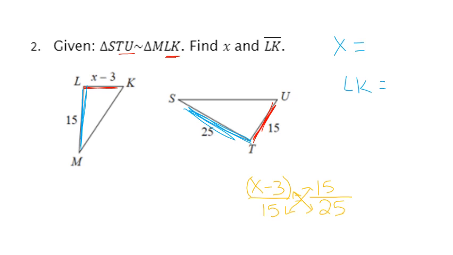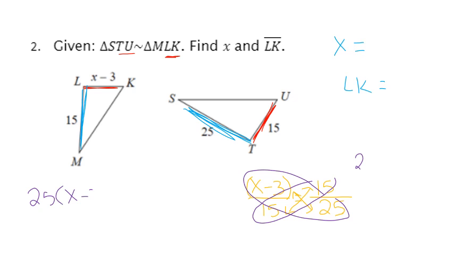So we do the same thing. We end up with 25 times x minus 3 equals 15 times 15, which is going to end up 225.